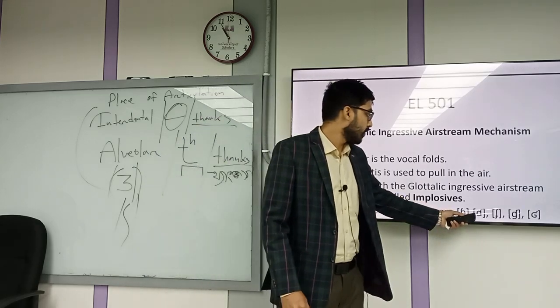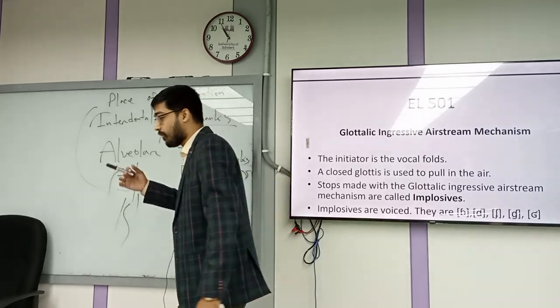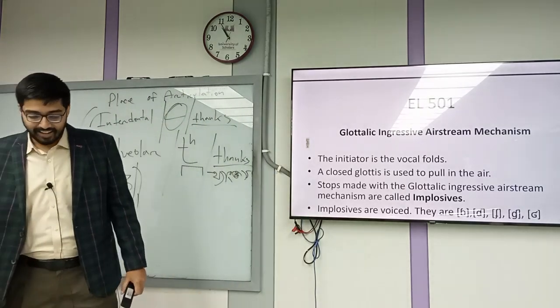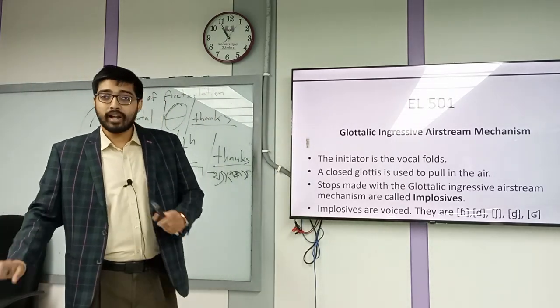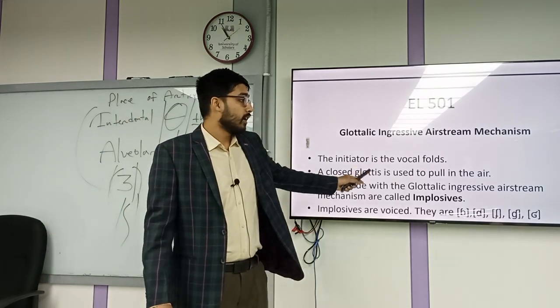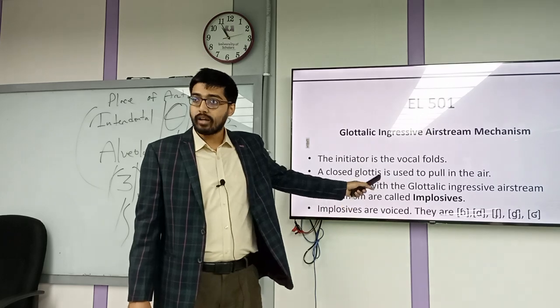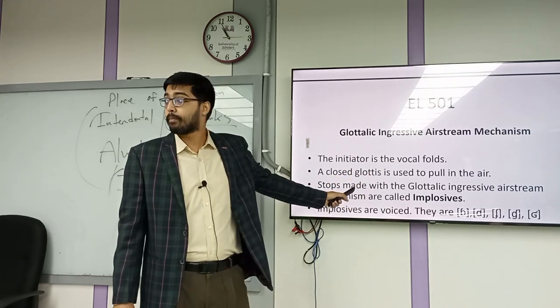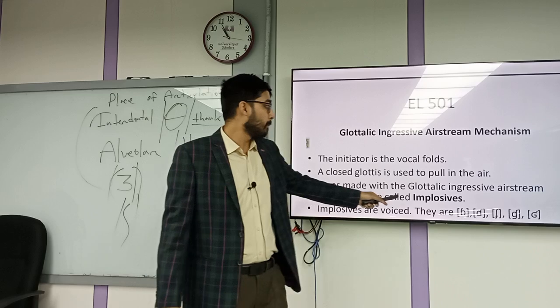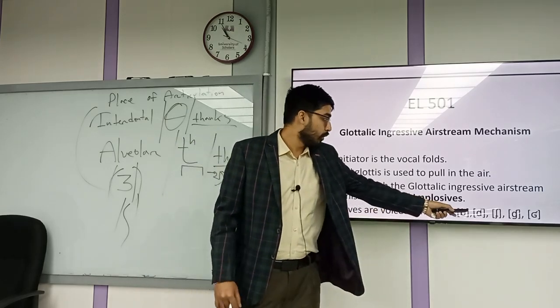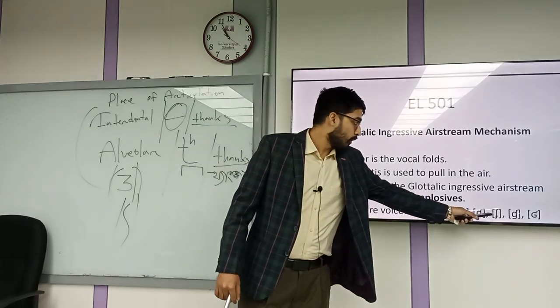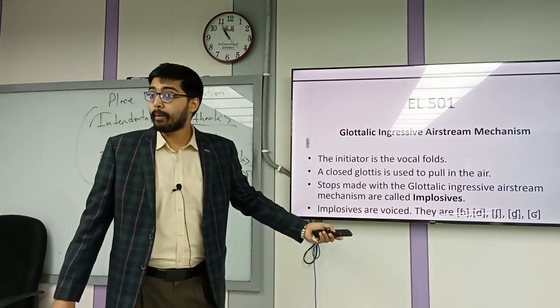These are words which even I cannot pronounce, so the pronunciation is not important. The definition is important here. And implosives are those words, 1, 2, 3, 4, 5. Actually, maybe there are more.